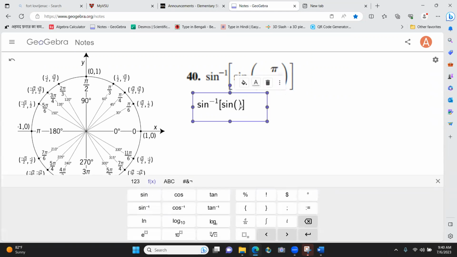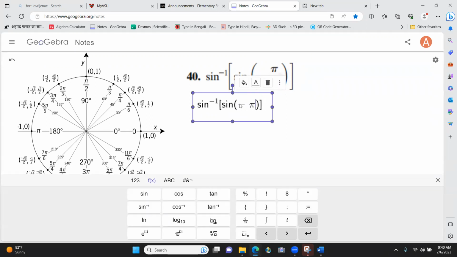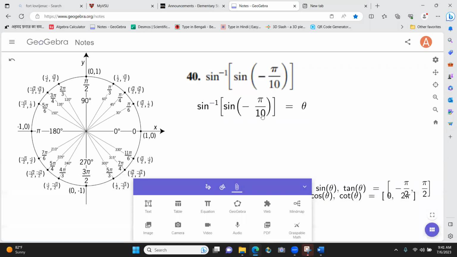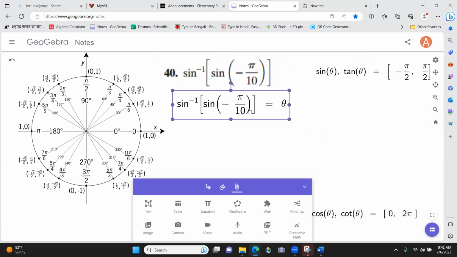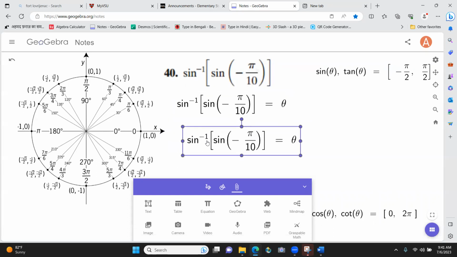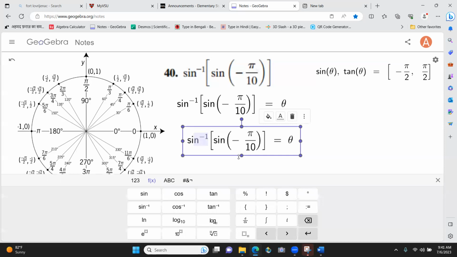All right, negative pi over 10. I didn't do anything. I just copied the question. Now I'm going to just say this whole thing is equal to theta. That's the symbol I like. We're talking about sine, so let's focus on this one. Our answers should be in the first and the fourth quadrant. Now, by the definition of inverse function, I can switch just like I switched in last class. Sine theta is equal to this guy. I can make that claim.